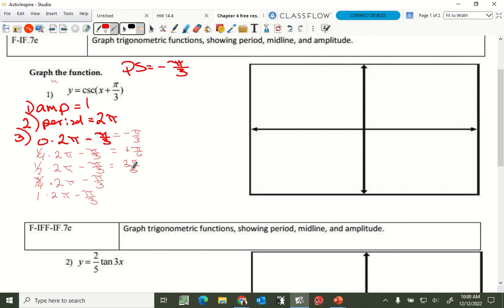That's 5 pi over 6, right? 7 pi over 6? Hey, I'm sucking at this one. Five pi over 3. Positive 5 pi over 3? Yeah. Okay, there we go.